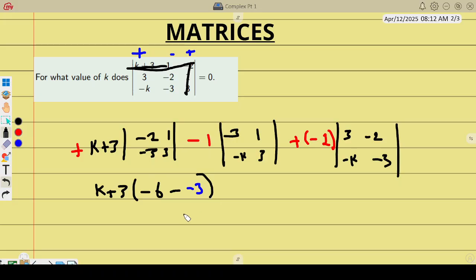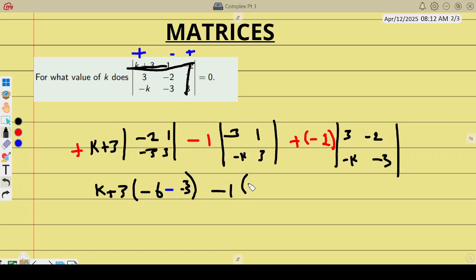The mistake which we usually make is we write negative 6 and then we write minus 3, because this times this is minus, forgetting that you have to put that negative. So we're saying negative 2 times 3, negative 6. And then minus negative 3 times 1, it's negative 3.